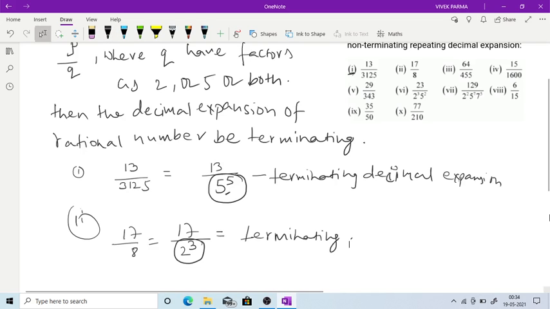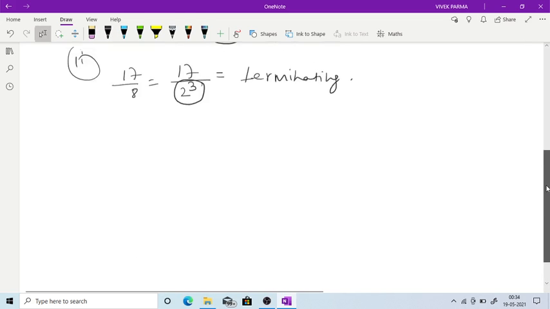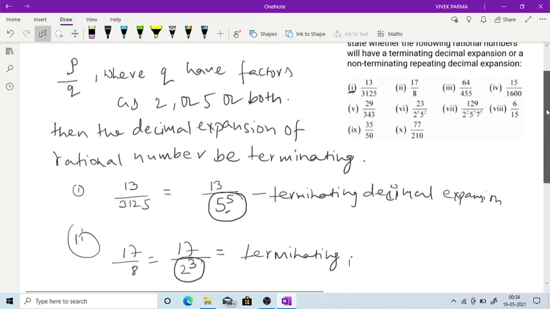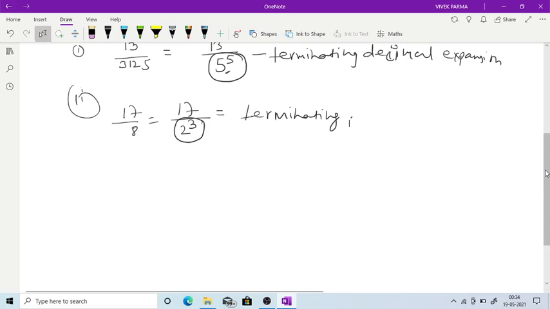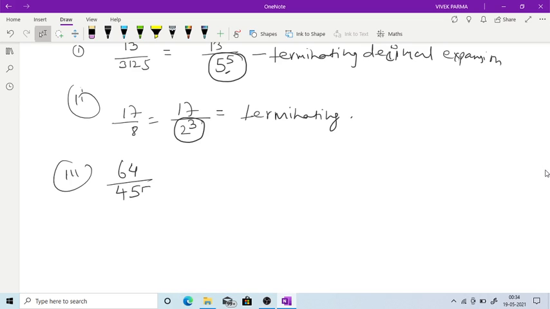See, for question number 3, we have 64 upon 455, right? Or this can be written as 5 into 7 into 13, right?